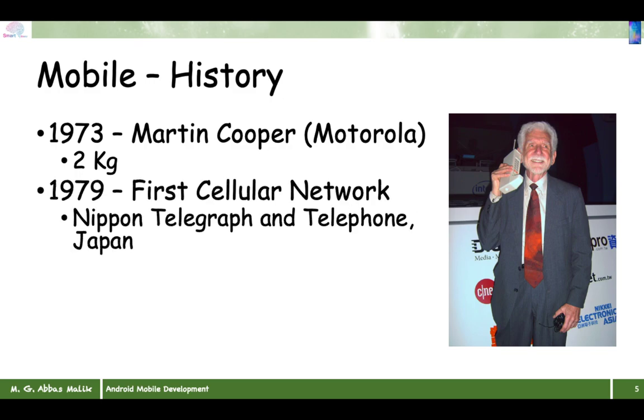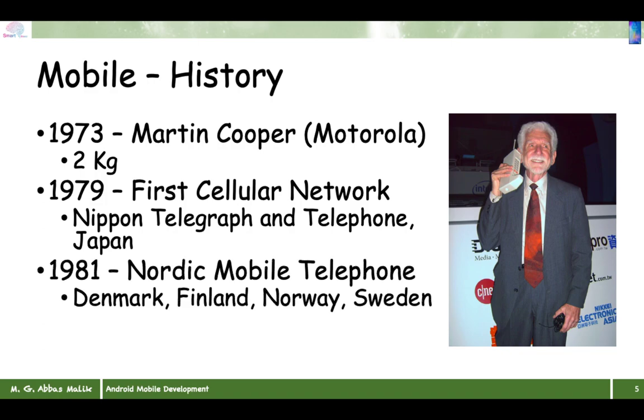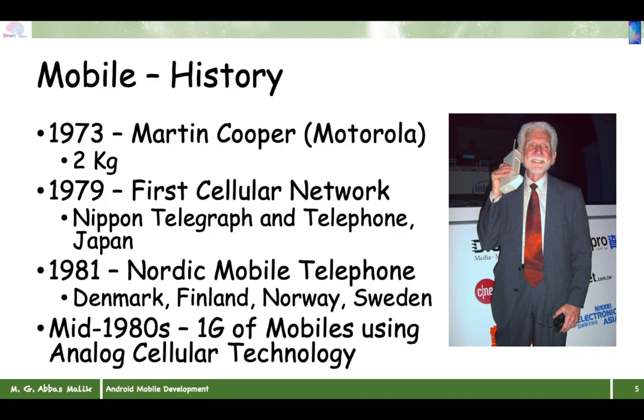In 1979, the first cellular network was created in Japan. Then in 1981, there was the Nordic Mobile Telephone, in Denmark, Finland, Norway, and Sweden, the European mobile network created at that time. Then in the 1980s, the first generation, 1G of mobile, using analog cellular technology, came in.